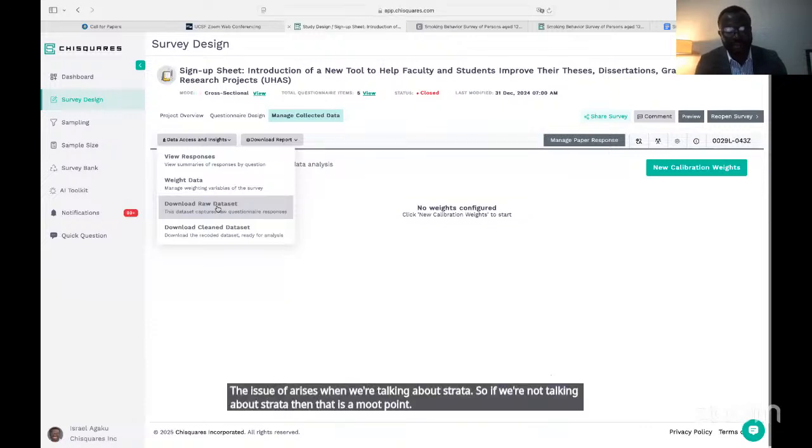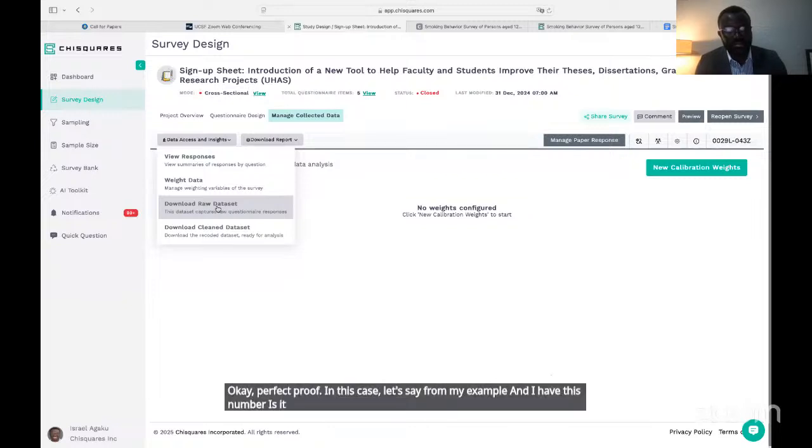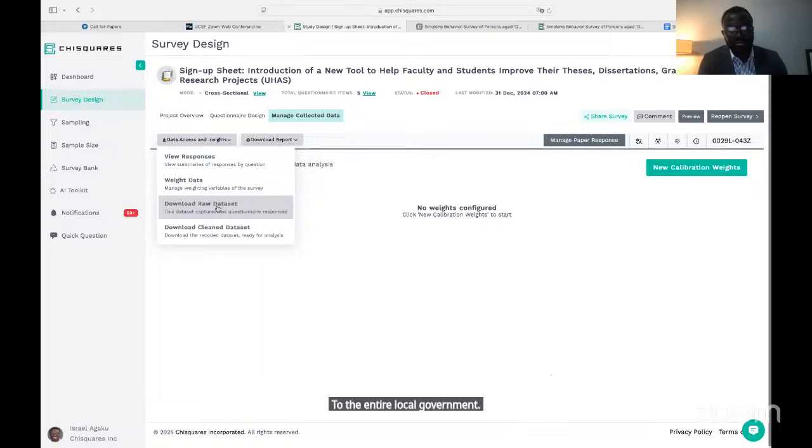Okay, Prof. In this case, from my example, and I have this number. Is it proper for me to select from these 16 local governments, and not to distribute this questionnaire to the entire local government? And maybe let me still explain myself.